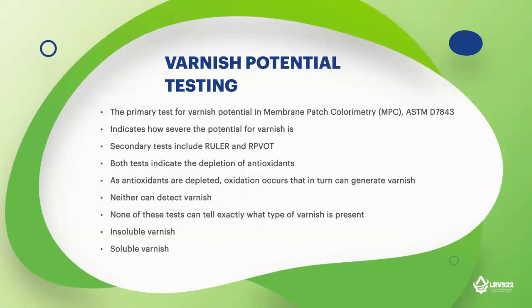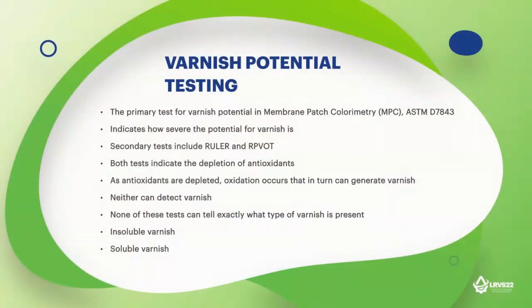It is also coupled with secondary tests like RULER and RPVOT, which you can correlate all three to monitor the antioxidant level of the oil and check to see, as the antioxidants degrade, whether we are starting to see MPC values increase. Both tests can indicate a lot of things: the potential for varnish, if varnish is there, how we can mitigate or remove it, and the severity of the varnish.